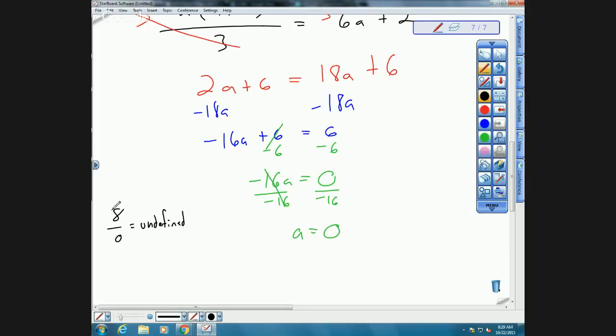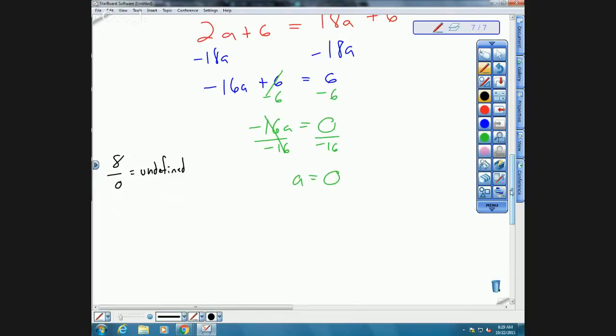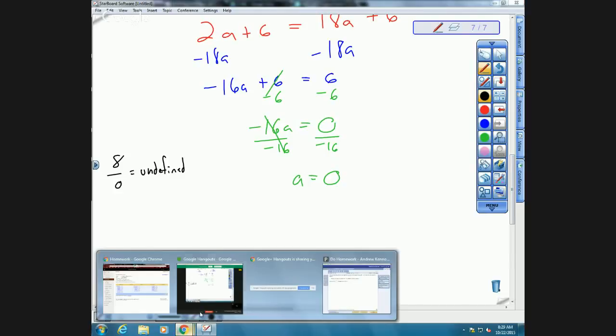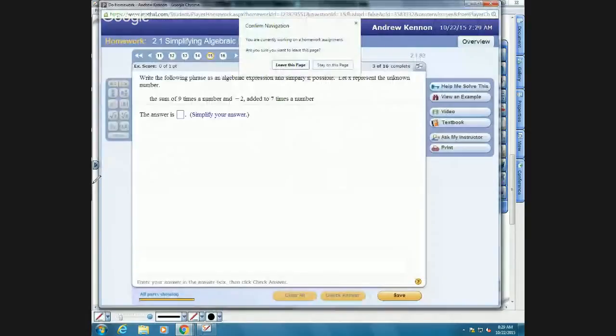It doesn't really work. I can't split 8 into 0, right? I can't split it into 0 parts. And if you ask Siri, I think she says something about cookies, and then she says you have 8 cookies and 0 friends to spend it with, so you don't have any friends, or something like that. So you can't divide by 0. Whole point of that. All right, let me go see if there's this type of problem in there.